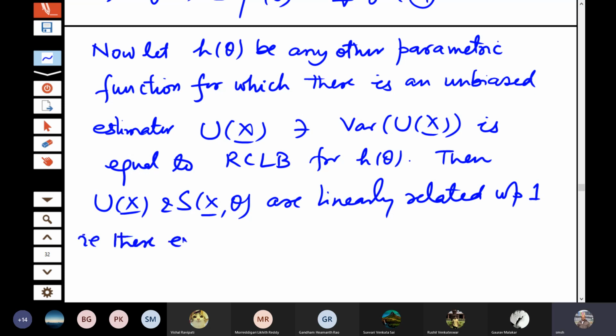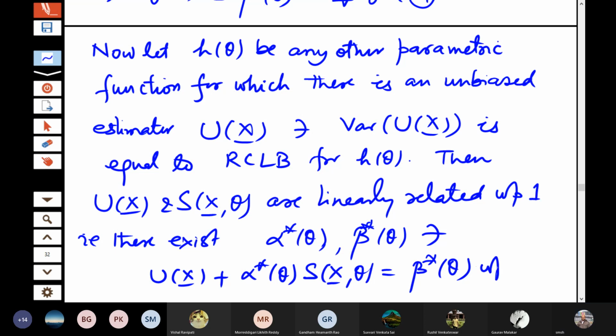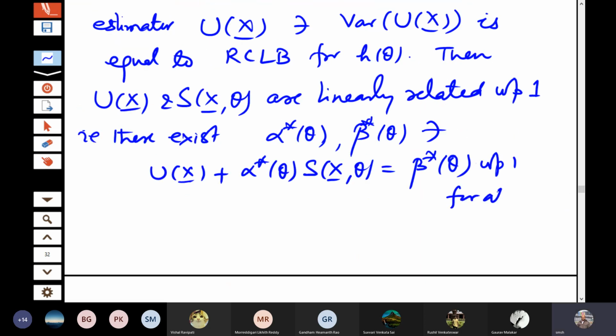That is, there exist, say, alpha star theta, beta star theta, such that U_X plus alpha star theta S_X theta is equal to beta star theta with probability 1 for all theta.